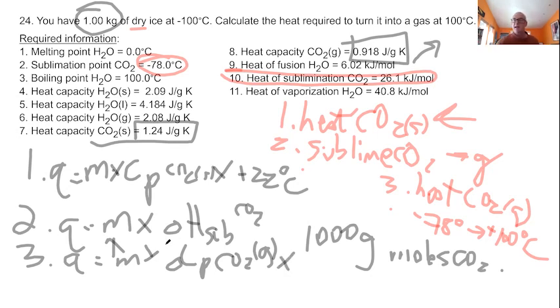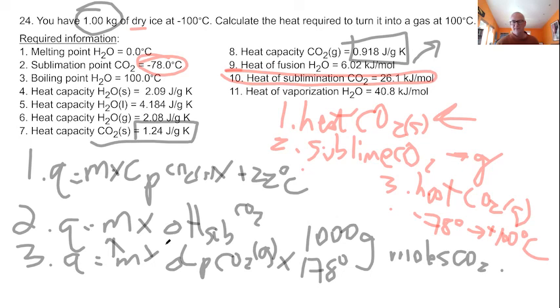And then you multiply that by the change in temperature. The change in temperature this time is going to be 178 degrees because you've gone from minus 78 up to plus 100. And then you just add the 3 of them together. Okay? Does that seem to make sense?